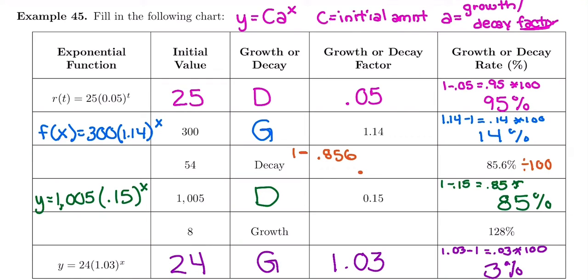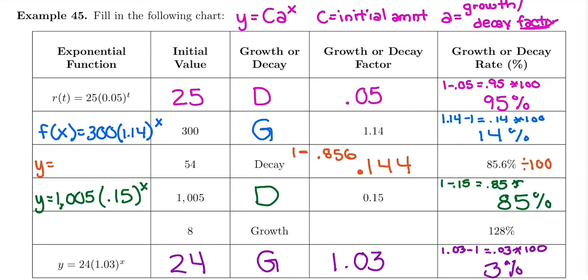So we're going to multiply by 0.144 to make it 85.6% smaller, which makes sense because the one below that, 85% smaller, meant multiplying by 0.15. This we want 85.6% smaller, so we're going to multiply by 0.144. So to write our equation, we have y equals 54 times 0.144 to the x.